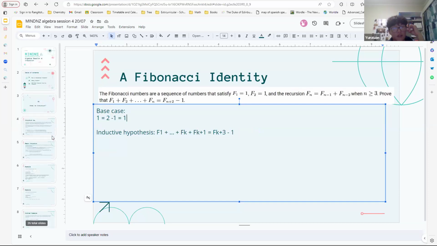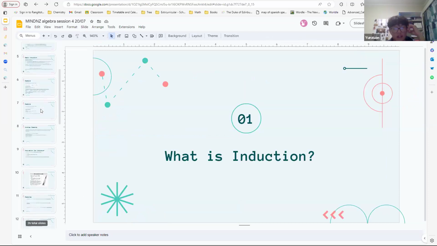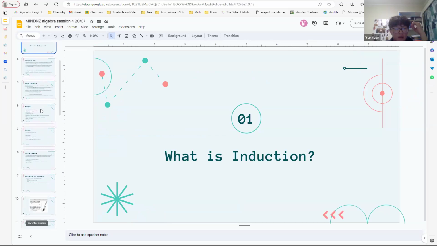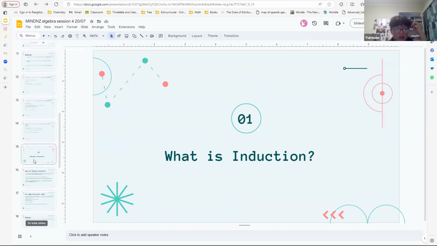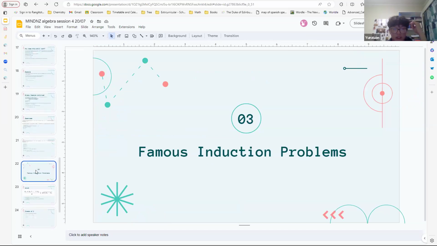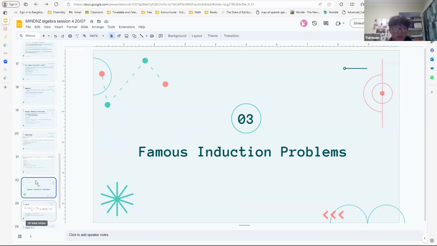So now we've covered what induction is. We've covered strong induction. And we've also covered some famous induction problems.